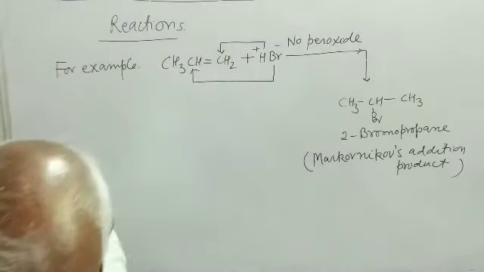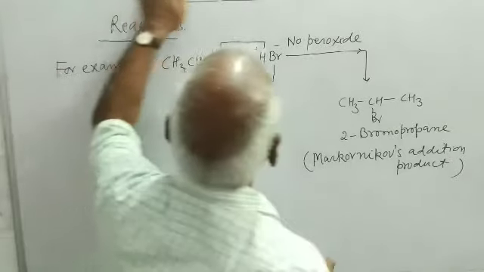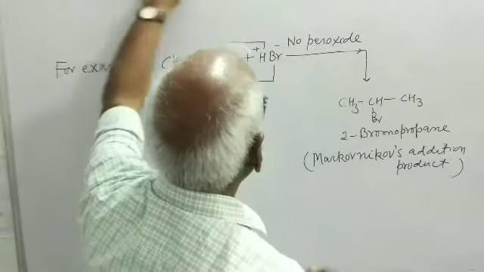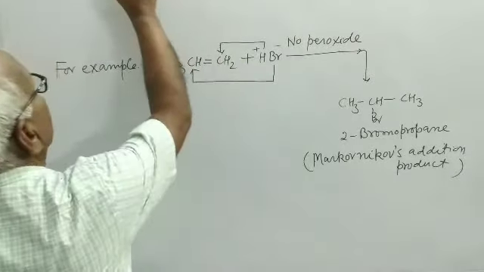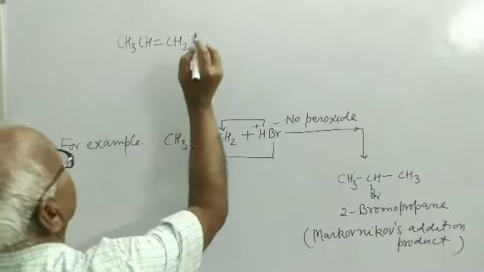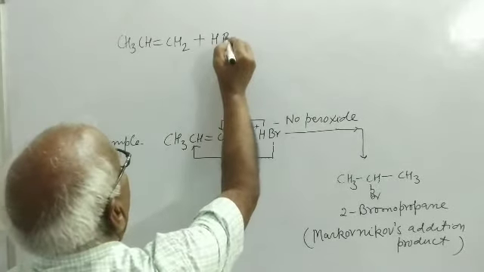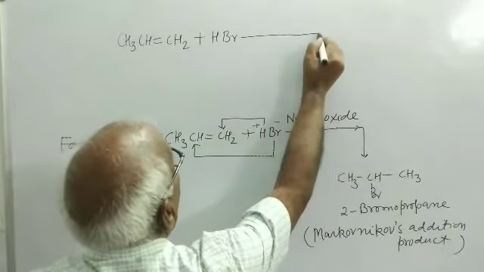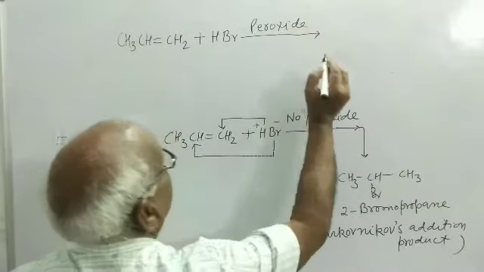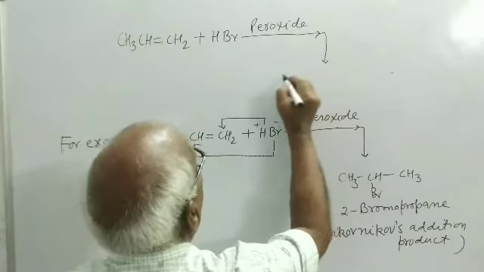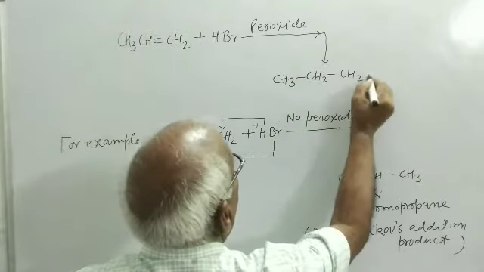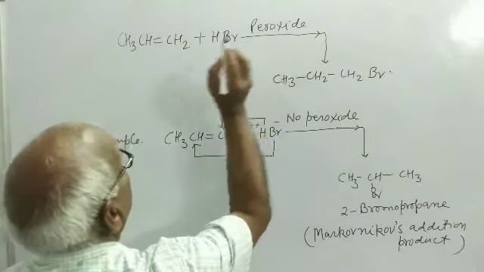When we change the system or when we start the reaction with same substrate and adding molecule in presence of peroxide, we get different product CH3 CH2 CH2Br in presence of peroxide.